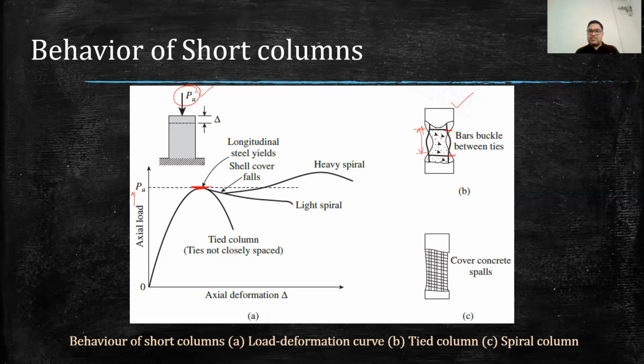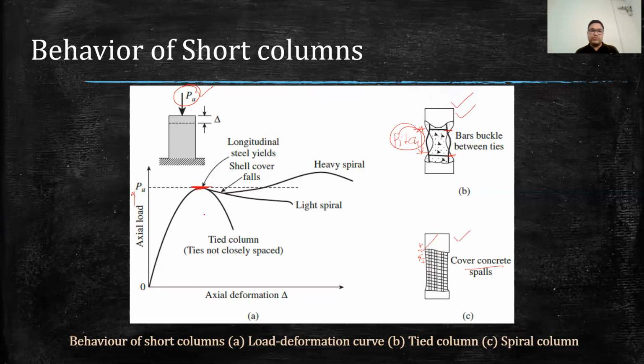And if we take the next case, a column with spiral reinforcement, spirals have less space, which is called pitch. And because of that, concrete within the spiral is confined, and therefore the load carrying capacity of the column, if provided with spiral reinforcement, will be higher than the column having lateral ties.